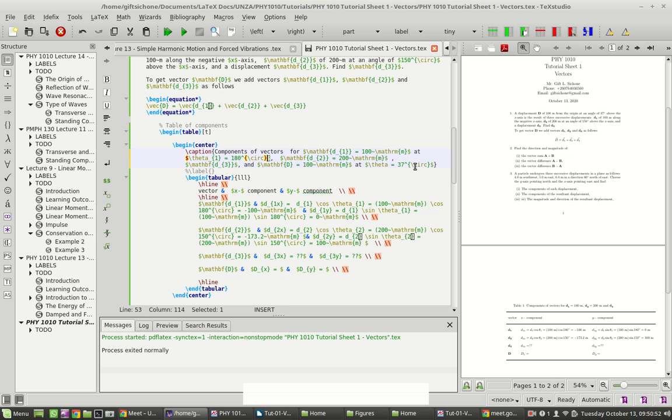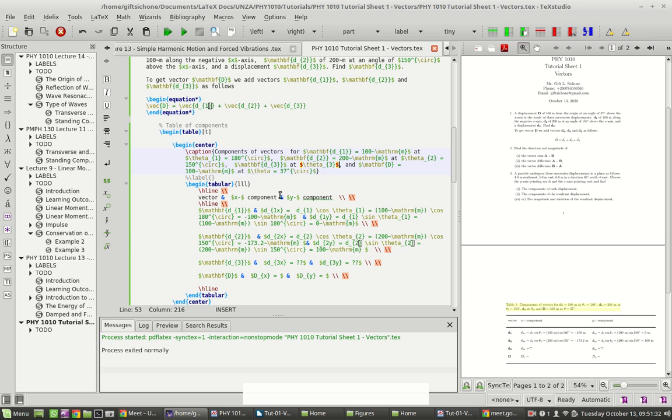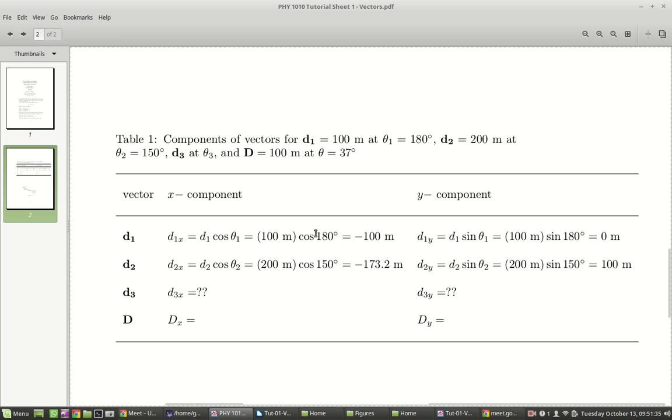I'm trying to add some more information about angles in the table.